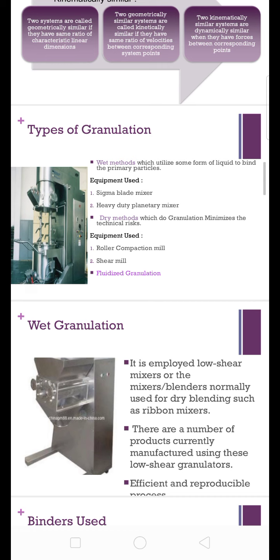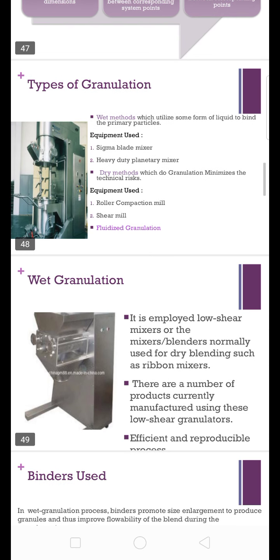Okay, now the types of granulation. Wet methods utilize some form of liquid. In types of granulation we have wet granulation as well as dry granulation. When we go for wet granulation, it uses liquid to bind. When we go for dry granulation, it doesn't require liquid.